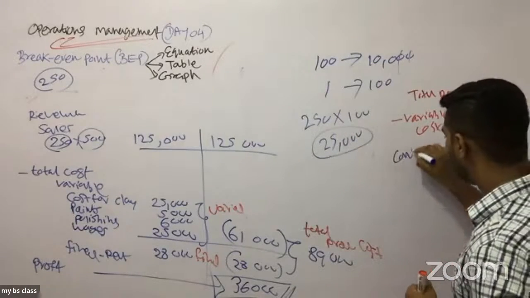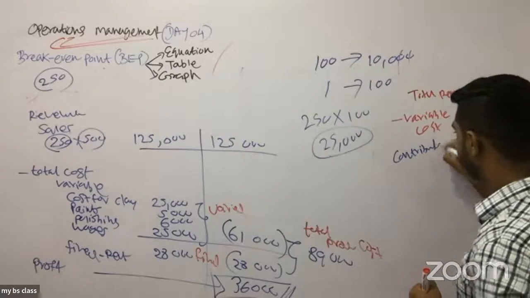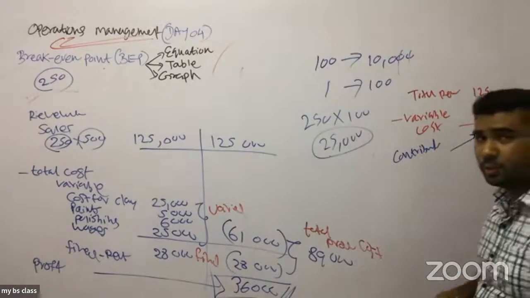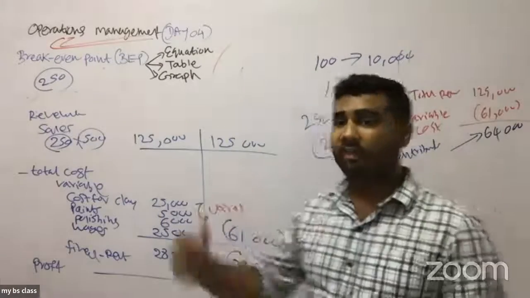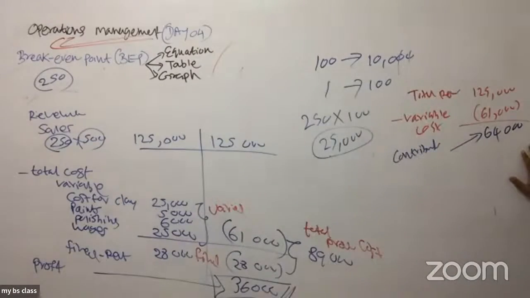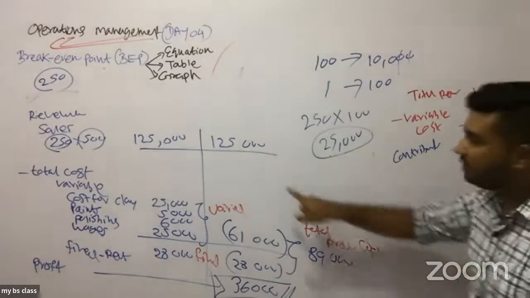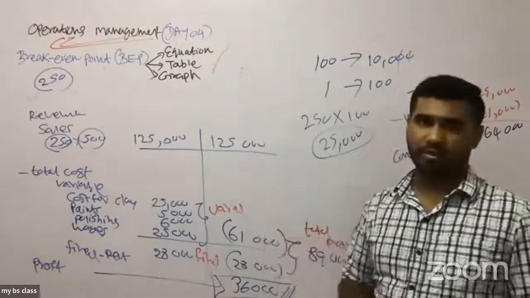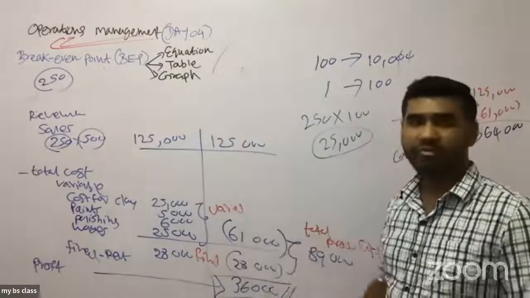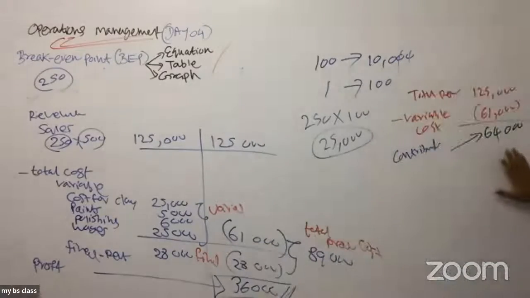We call this the contribution. Contribution is where from the total revenue you deduct your total variable cost only. So here, from 125,000, if we deduct only 61,000, ignoring your fixed cost, we can say this is the contribution.